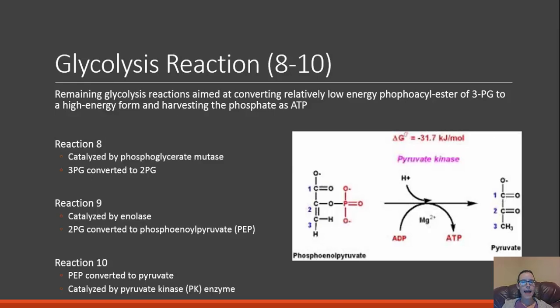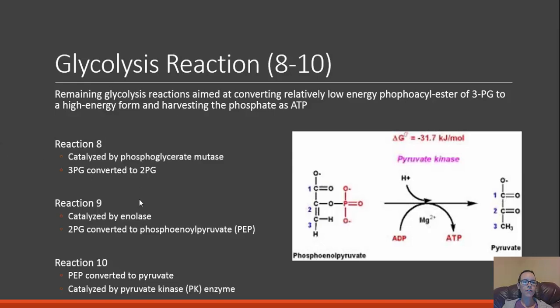Then we have our last steps of glycolysis, which are aimed at converting the relatively low energy phosphoacyl ester of 3-PG to the high energy form, and then harvesting the phosphate for ATP. In reaction 8, we have the conversion of 3-PG to 2-PG.